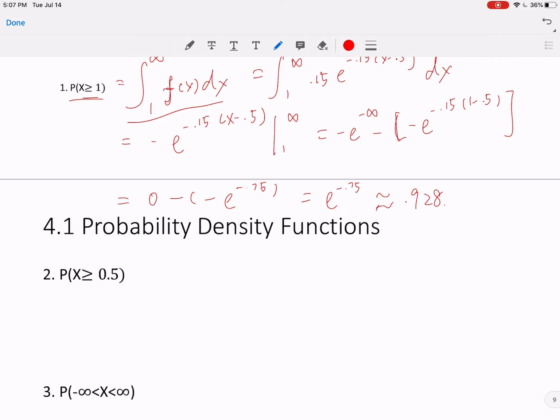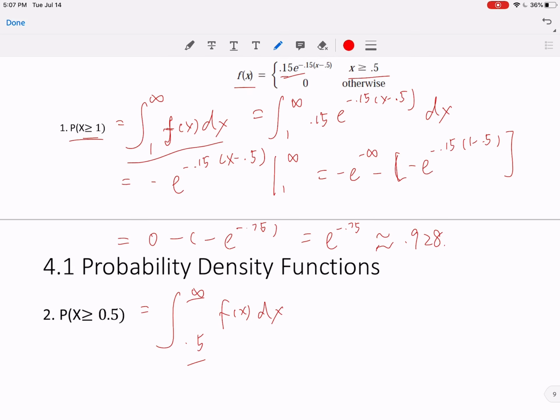Number 2, we want to find the probability that x is greater than or equal to 0.5. First, we think of the definition, which is that the probability of an interval is equal to the integration of f of x over this interval. In this case, that would be 0.5 to infinity.